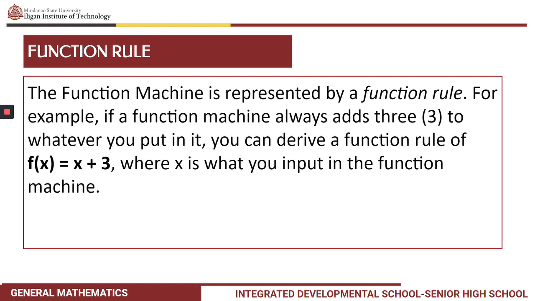So the machine here has a function rule which always adds 3 to whatever you put in it. That is why we'll have a function rule f(x) = x + 3, in which x is the input and f(x) is the output. Okay, so that is how we make our representations for the function machine.